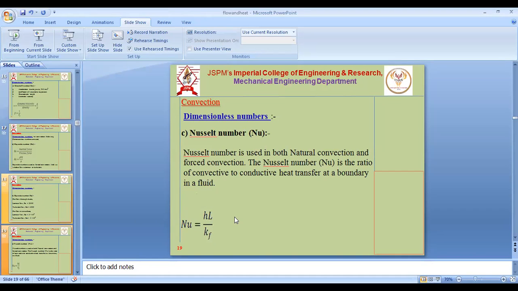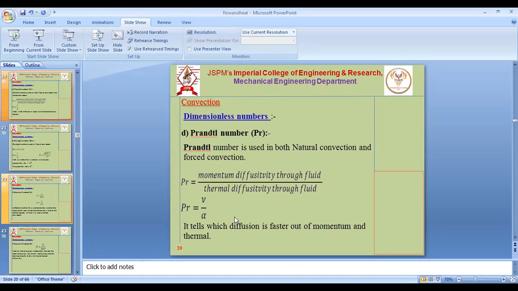It is the diameter in case of flow through a pipe, and the length if you are dealing with external flow. The Nusselt number comes in both natural convection as well as forced convection.